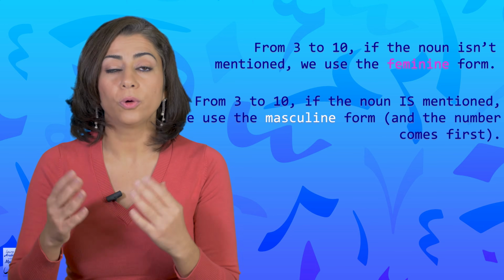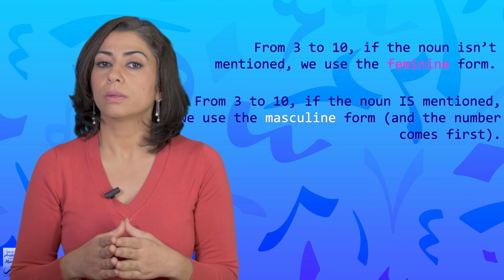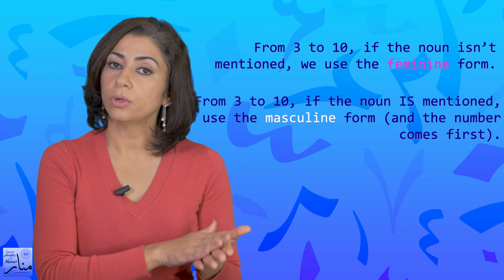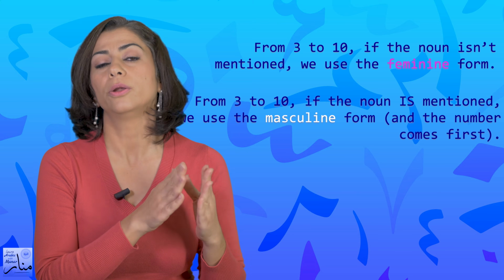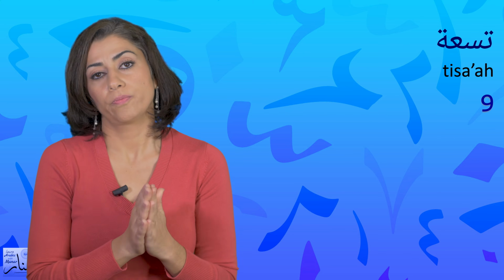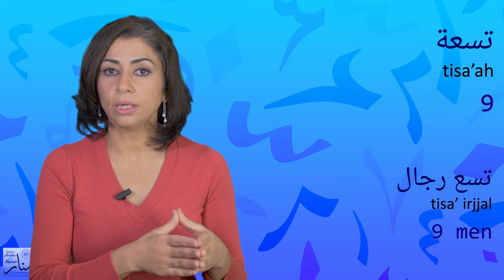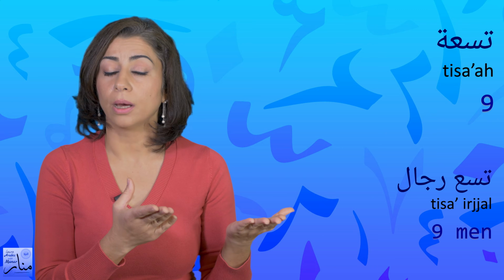When we are using the number with the noun or with the name of the thing, we are using the masculine. So 9 if we are just answering the number, 9 رجال if we are mentioning the name and the number.